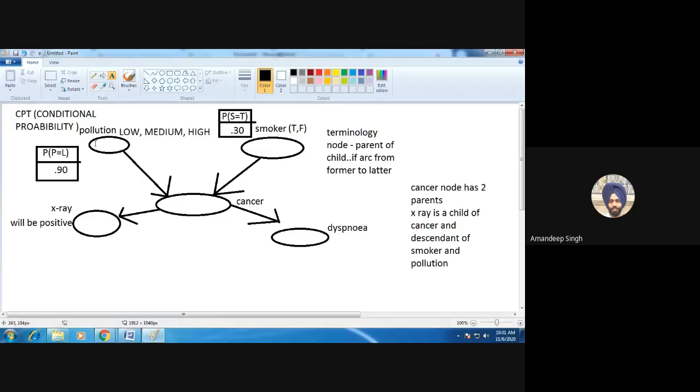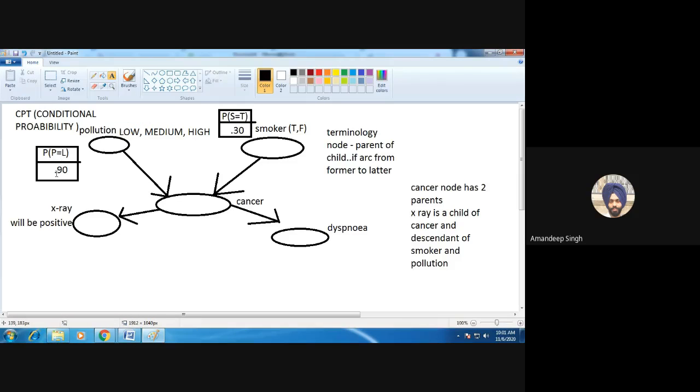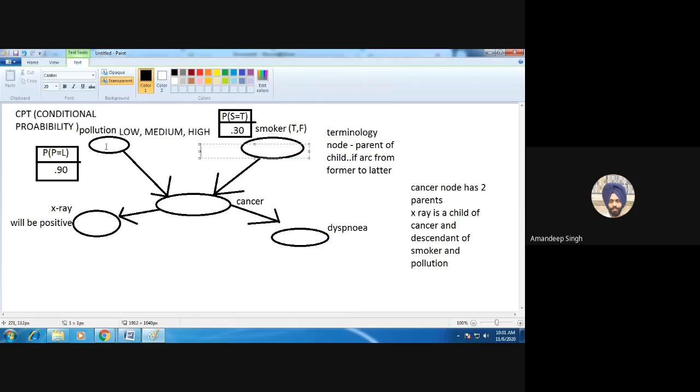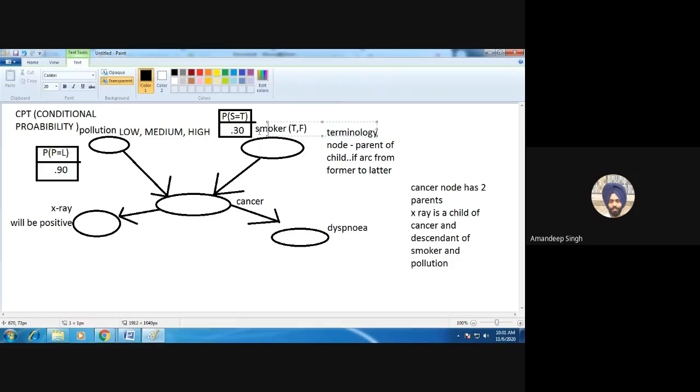For the pollution node, you try to compute this CPT. A single row will be there because it hasn't got any parent node. And similarly for the smoking node, the probability with smoking having value true is 30%.